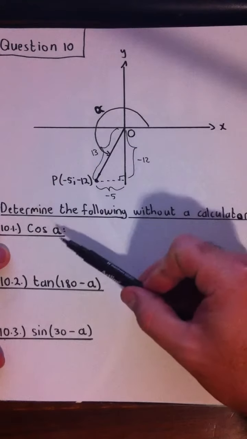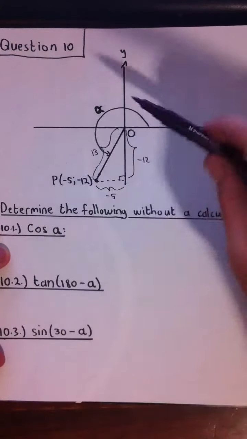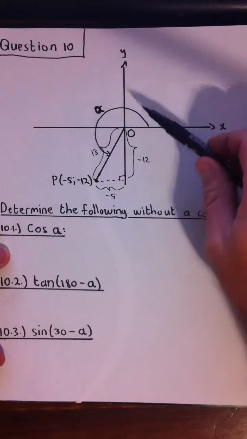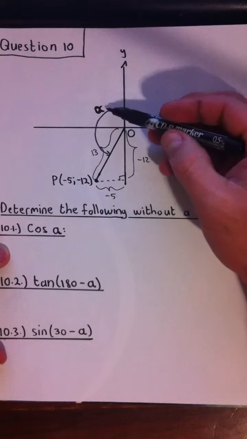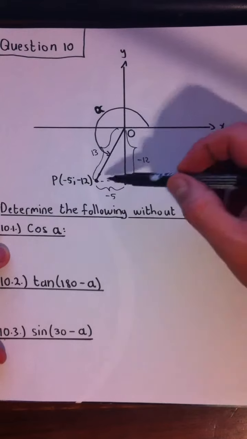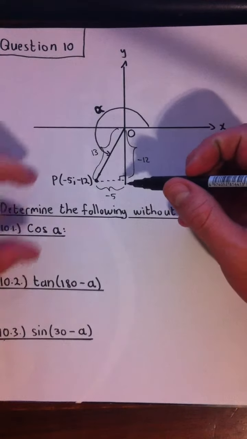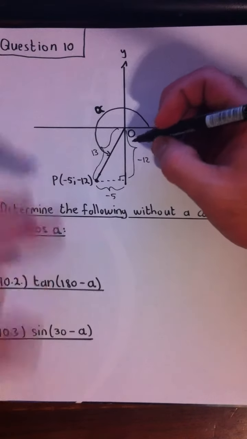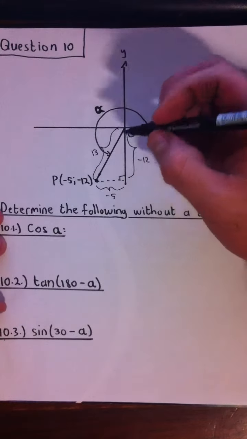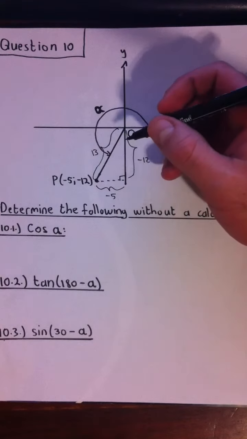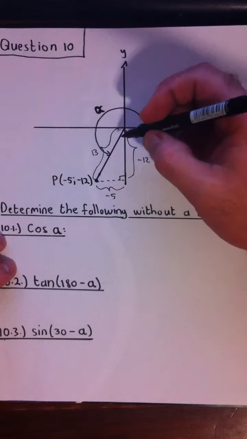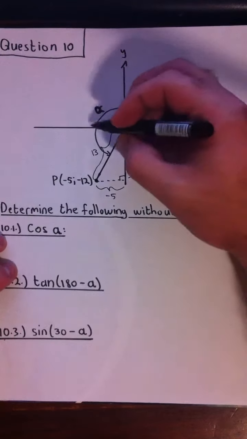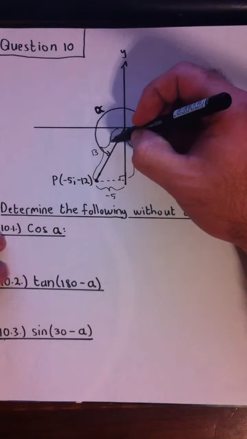But the problem is alpha is not inside the triangle. Alpha is a reflex angle over that way. So now we need to correlate that angle alpha to something in here. I would suggest that we say some angle inside is something that correlates with alpha. Okay, we can see that this angle here would just be alpha minus 180, right?